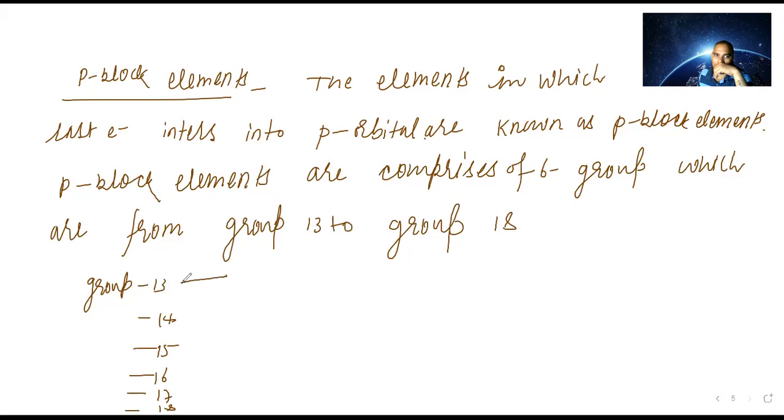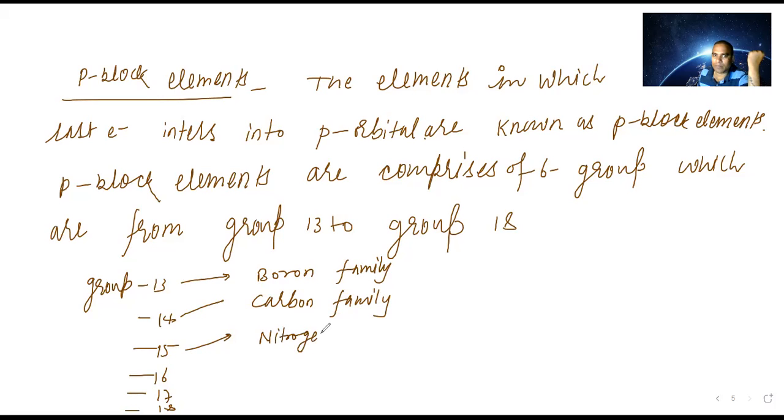Group 13 is known as the boron family. Group 14 is the carbon family. Group 15 is the nitrogen family. Group 16 is the oxygen family.